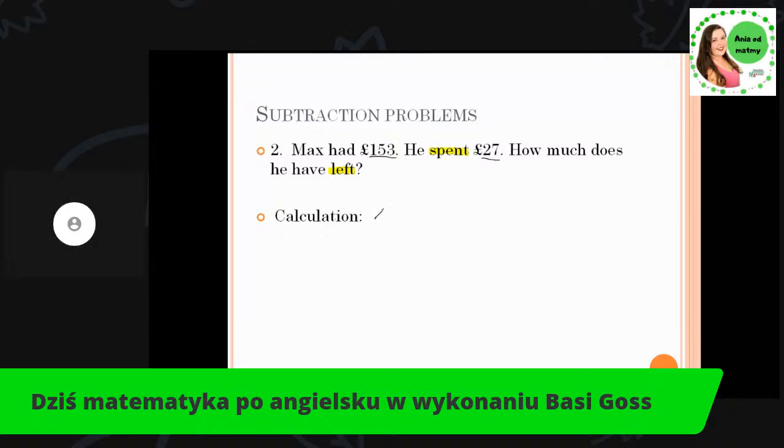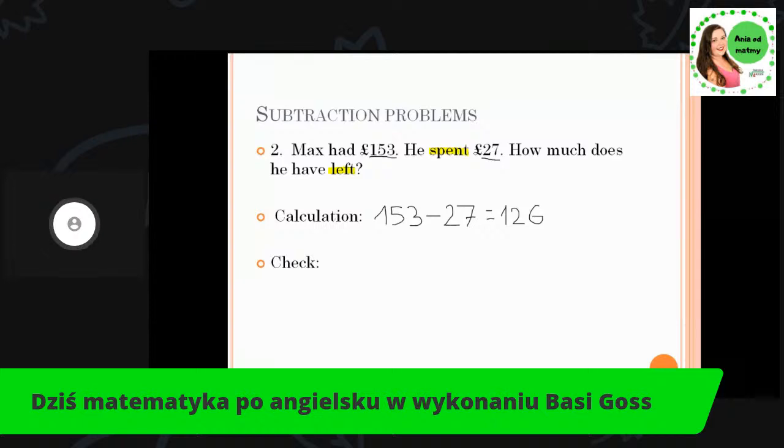So 153 minus 27 equals 126. You have the same answer. I'm going to check. Look at the comments if we have the answer. Yes, we have answers like that. Right. Bartek is very fast with the sentences.